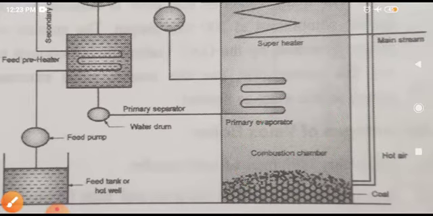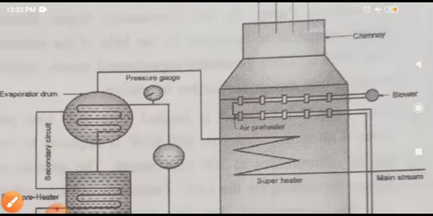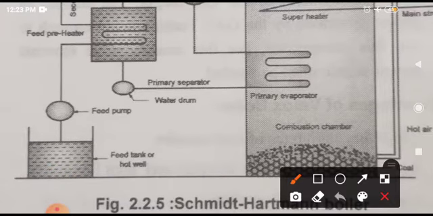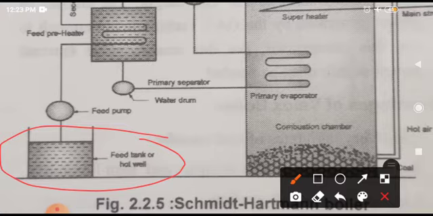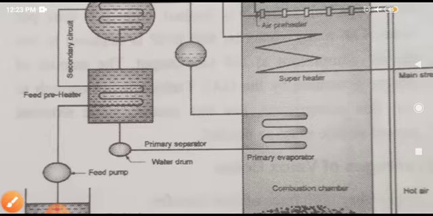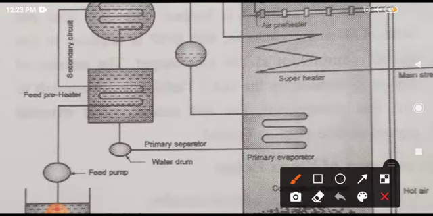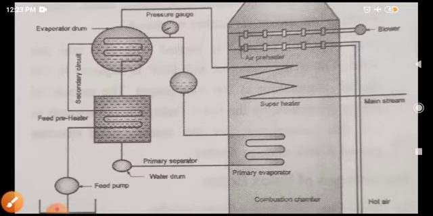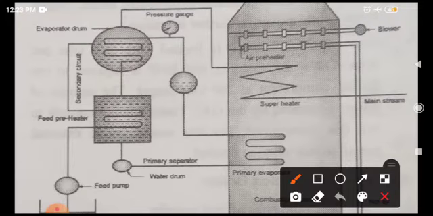Then all the other things are shown here: the feed tank or hot well, the feed pump, and the feed preheater. At this point there are two water circulating chains.